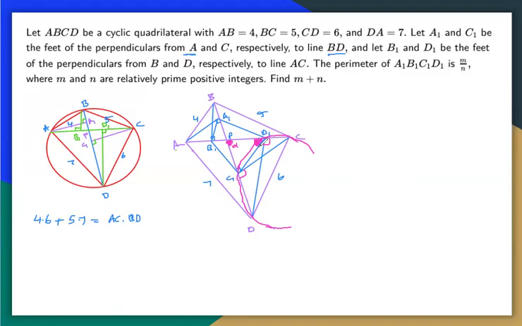But at the same time, this angle and the angle right here are also supplementary, because those are the two opposite angles of the quadrilateral, so they also add up to 180. Since this supplements this angle, and this angle supplements this one, the angle right here has to be the same as the angle PD1C1. Let's remember that: angle PD1C1 is congruent to angle C1DC, or just CDC1.